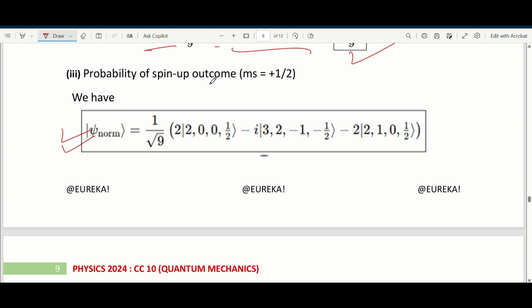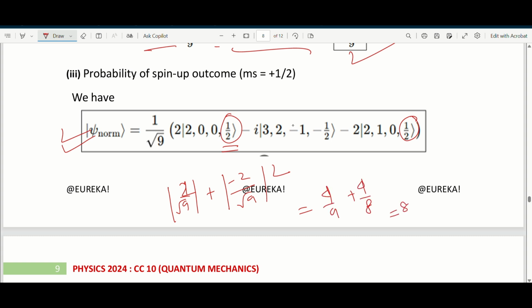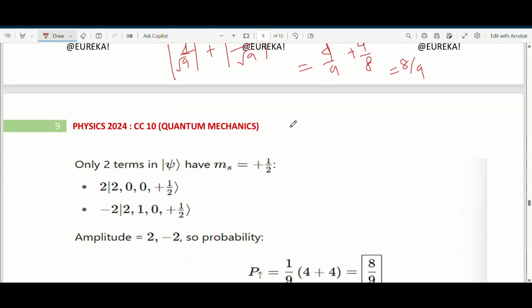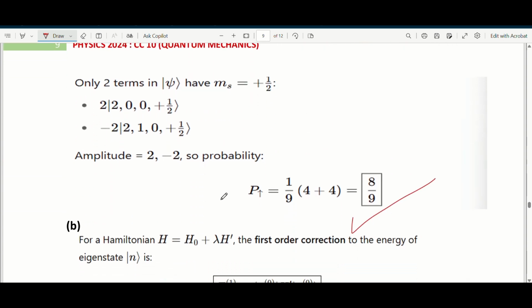We have to find the probability for the state ms equals half. So this is for ms equals half, and this is ms equals half. What will be the probability? The mod of the two terms divided by the root over mod square. So this is the probability: 4 by 9 plus 4 by 9 is 8 by 9. So this will be the probability.